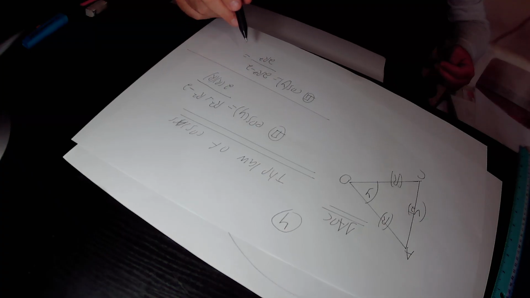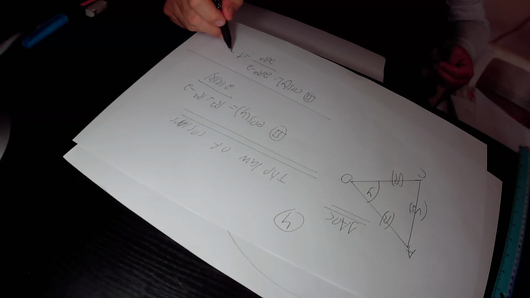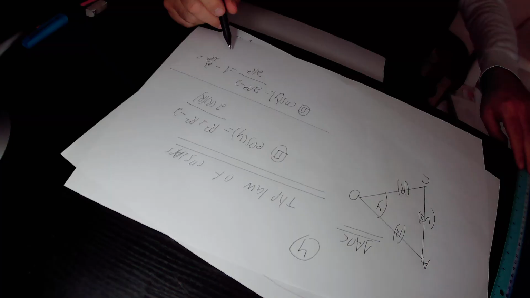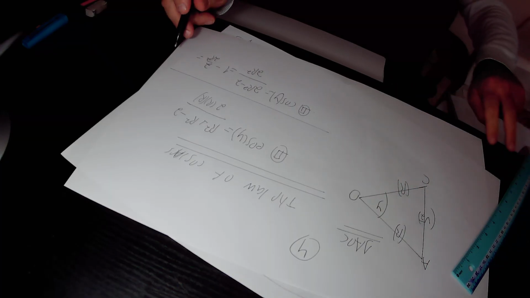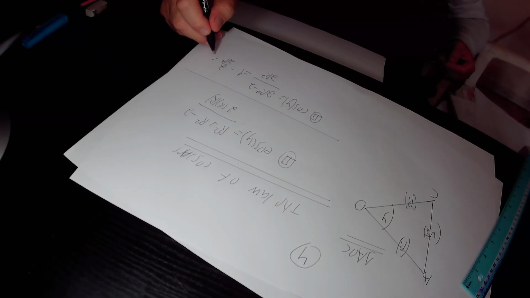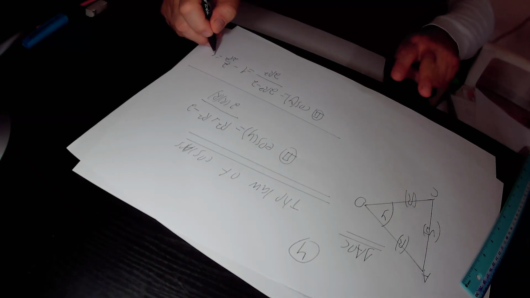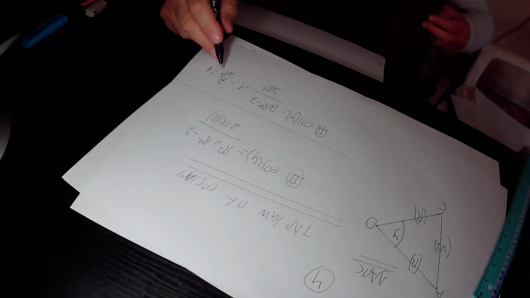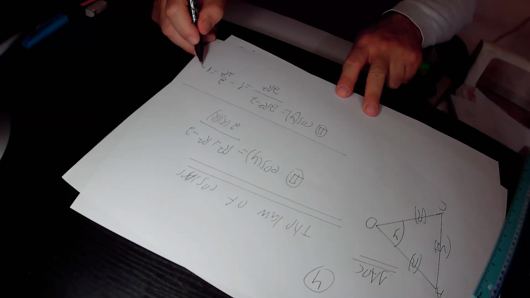So this expression equals 2R squared over 2R squared, which is 1, minus 2 over 2R squared. Here we divide both the numerator and the denominator by 2. So minus 2 over 2 is minus 1, and 2R squared over 2 is R squared.